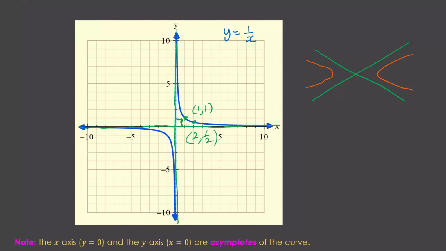You can also get rectangular hyperbolas that don't fit along the axis but are also rectangular, like so. But we're only going to deal with this type where the axes, or at least horizontal and vertical lines, are the asymptotes.